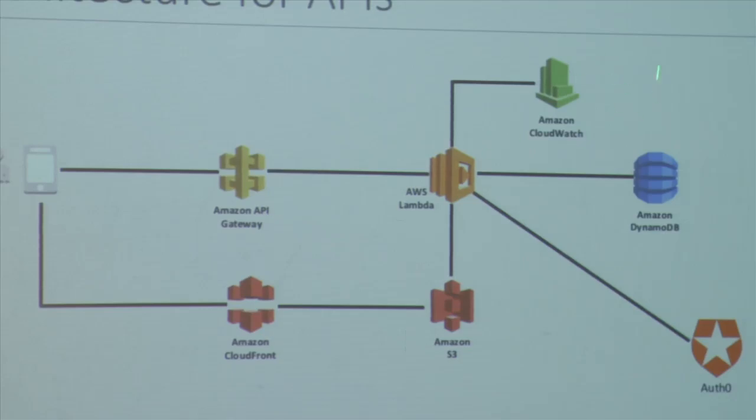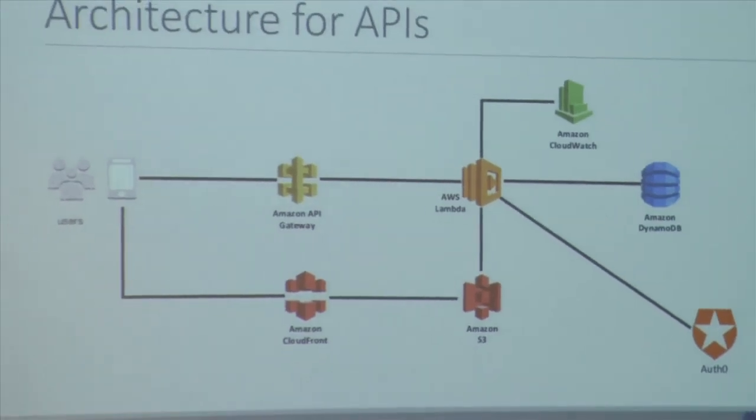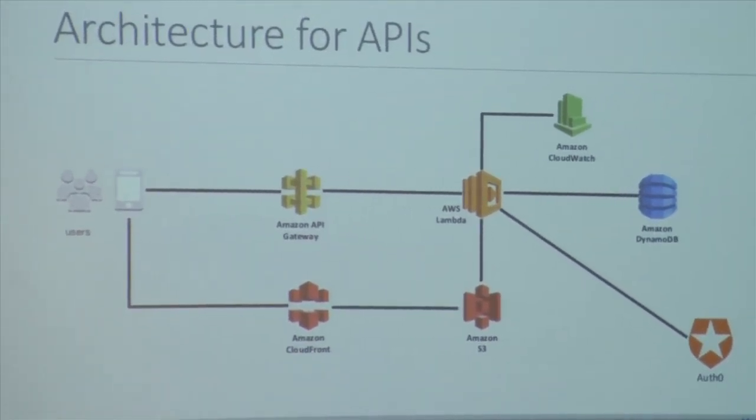And this little green piece up here on the top is CloudWatch. It's something you get automatically when you're using Lambda. In my code, if I want to log out a message or an error message or any type of trace, it will go up here to CloudWatch. So think of it as just a big logging piece. The nice thing is up here we can set filters and alerts.